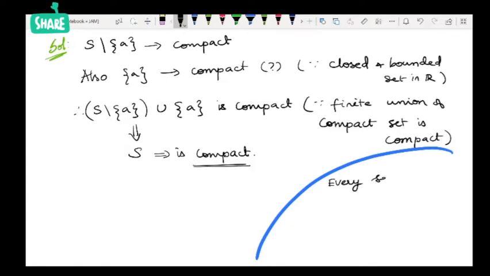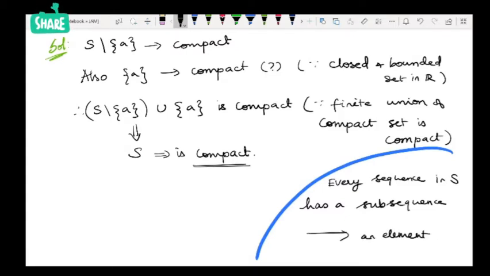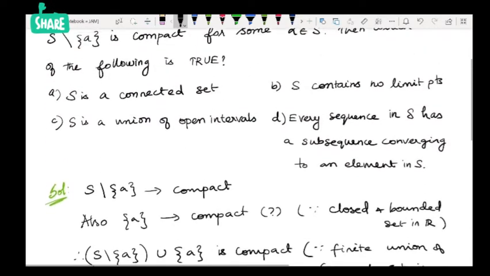If S is compact, then every sequence in S has a subsequence which converges to an element in S. So option D is the correct answer.